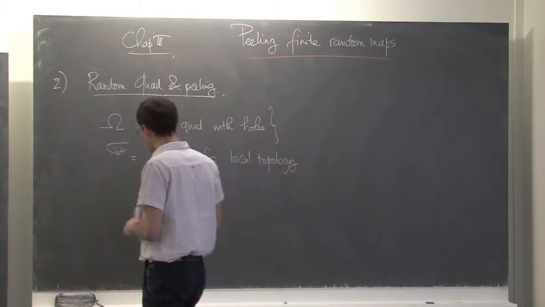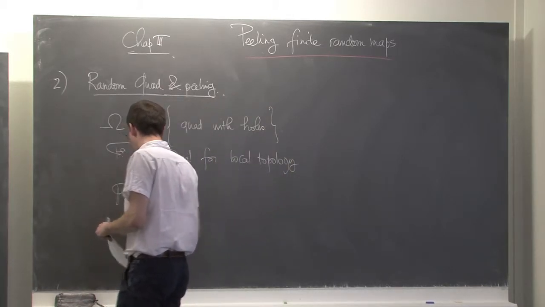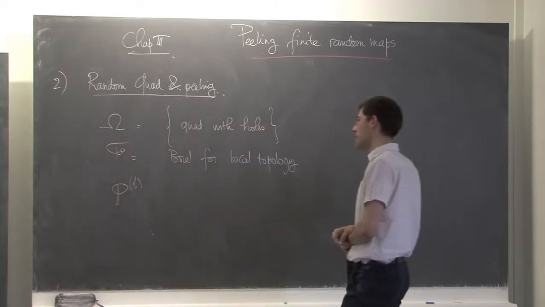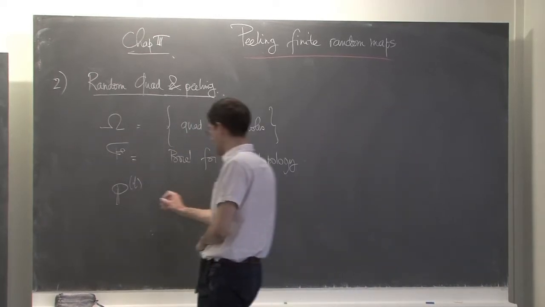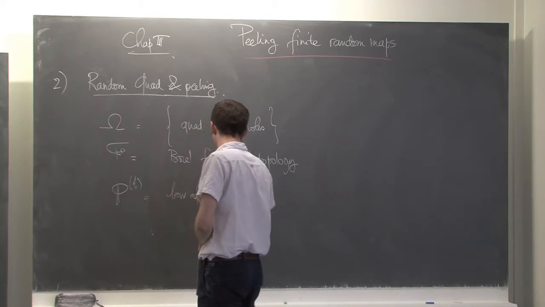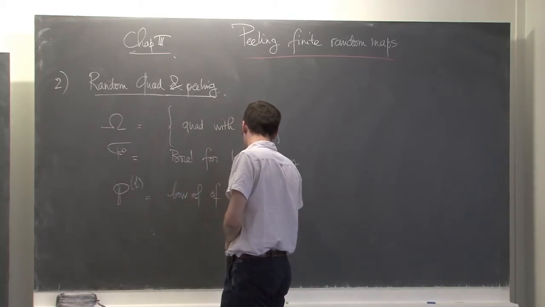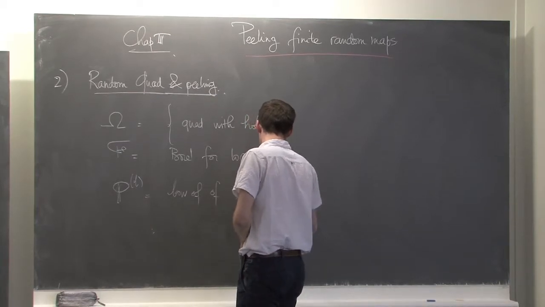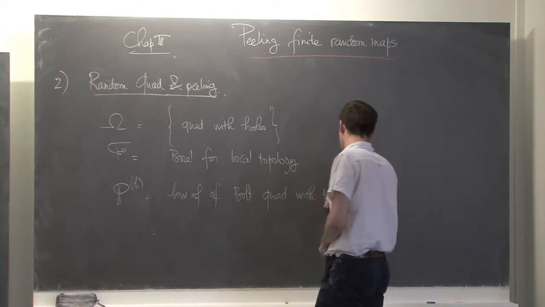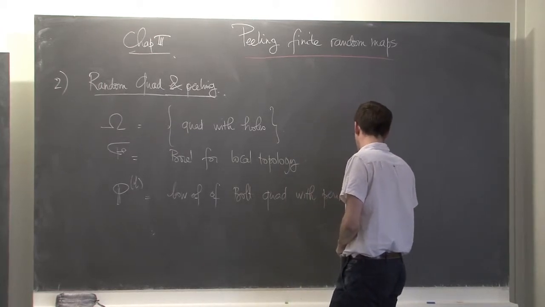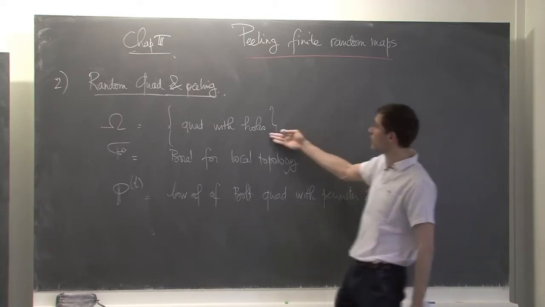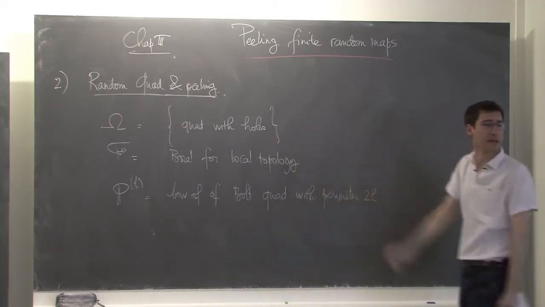And on this space, I have defined for you the law of a Boltzmann quadrangulation, which is the law of a Boltzmann quad with perimeter 2L. This can be seen as a quadrangulation with holes, 0 holes, say.